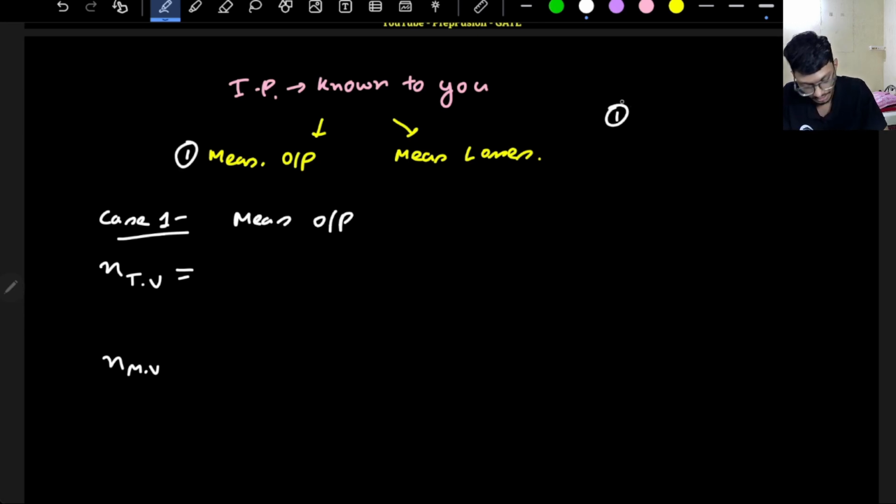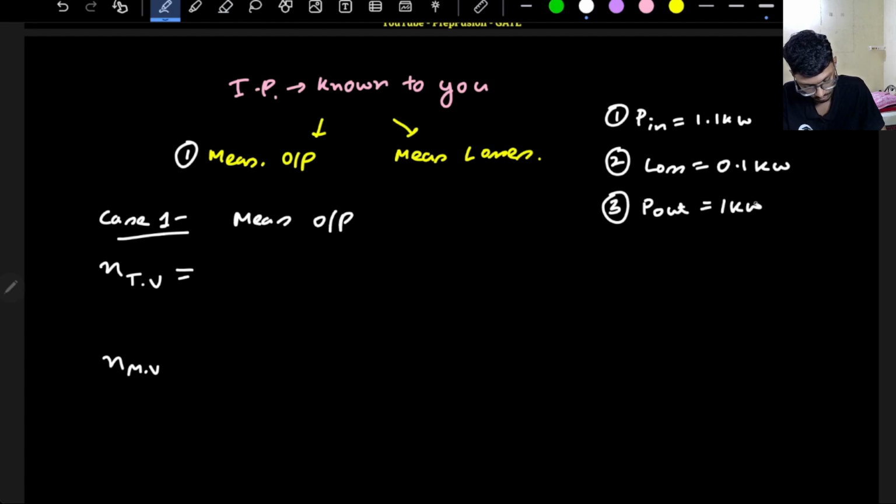So true value, let's say my input power is 1.1 kilowatt. My actual power losses are 100 watts, that is 0.1 kilowatt, and my P out is equal to 1 kilowatt.